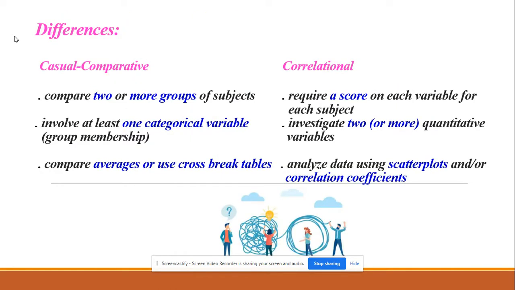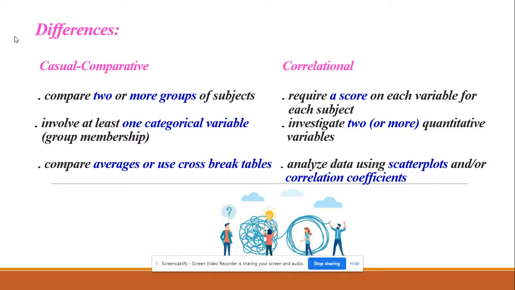What about the differences between these 2 research designs? In causal comparative research, researchers compare 2 or more groups of subjects, while correlational research requires a score on each variable for each subject. The second difference is that causal comparative research involves at least one categorical variable, while correlational research investigates 2 or more quantitative variables.